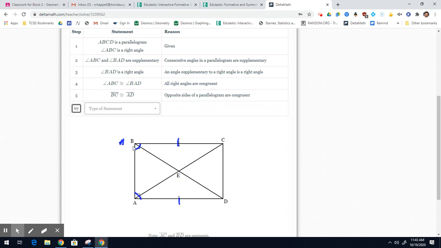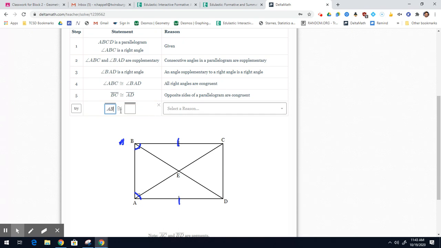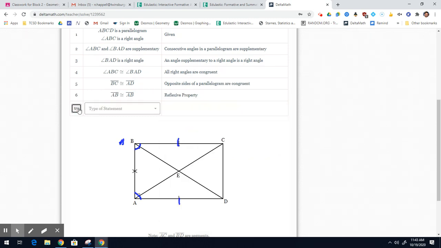Boom, got it. And now we're going to use AB because it's in both triangles. It's the overlapping side, AB and AB. That's reflexive. And now again, what do I have marked? I have this angle pair. I just have this side, and now I just marked this side.